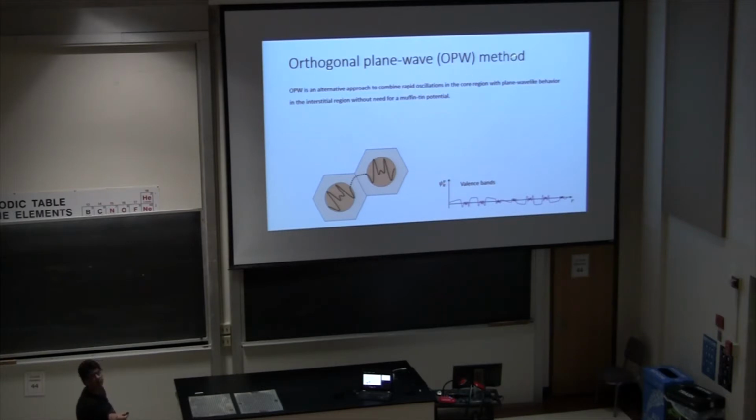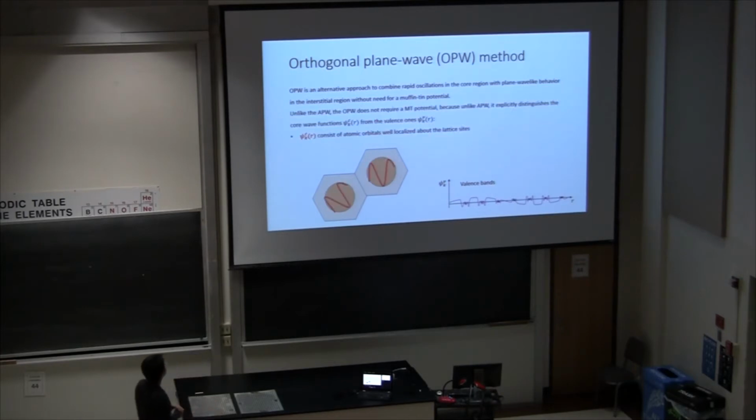But the OPW, which is the orthogonal plane wave, does not require the muffin tin structure. So that's sort of an advantage of this method. Okay, so we don't need the muffin tin potential. And the reason for it is that in the orthogonal plane wave method, we actually separate the two wave functions.